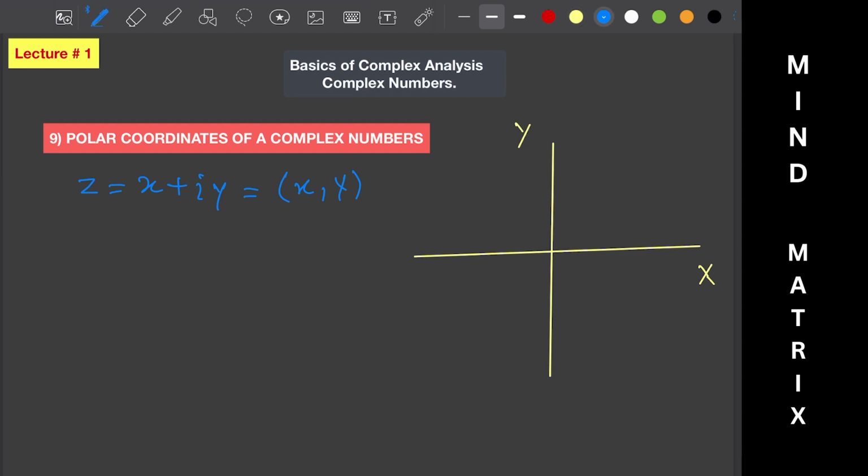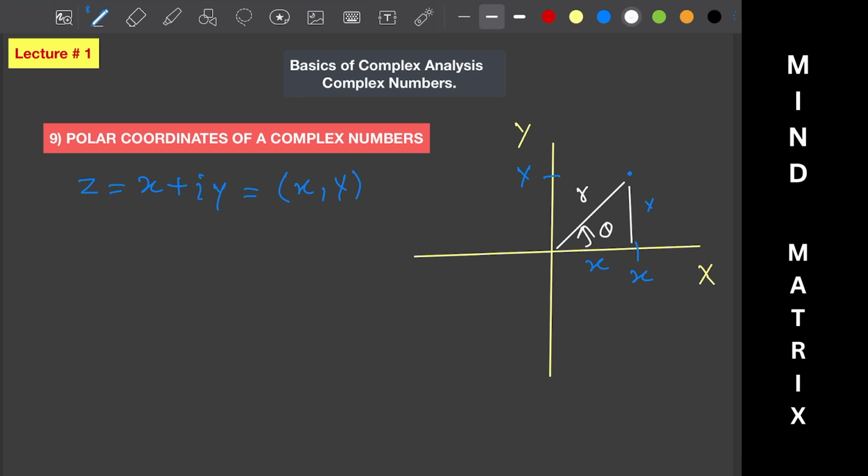So let's say we have x here and y here, and that is the point where these two join each other. So this is the line joining the point and origin, and this is y, and similarly this is x. This is angle theta, and this is r, the modulus of this complex number.